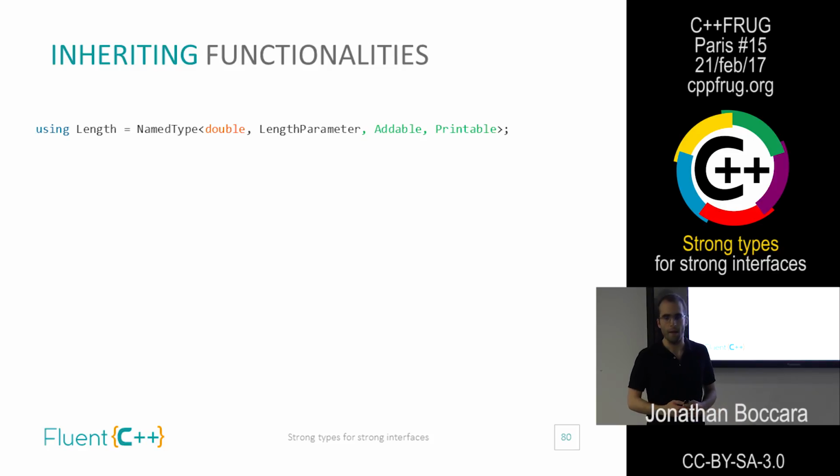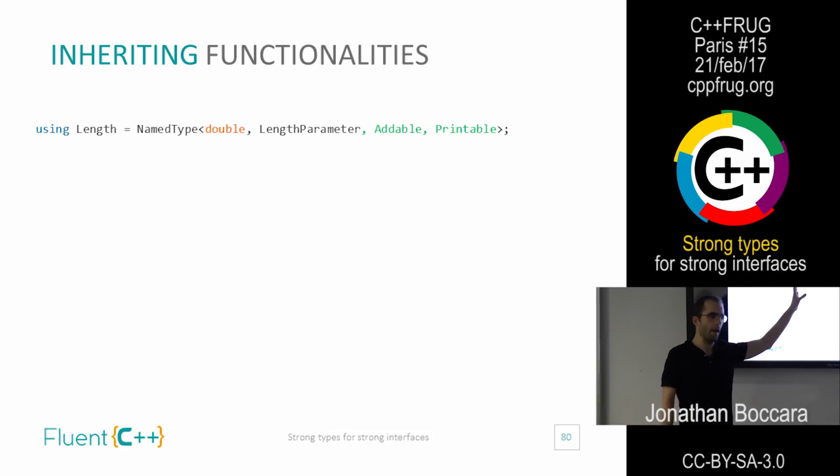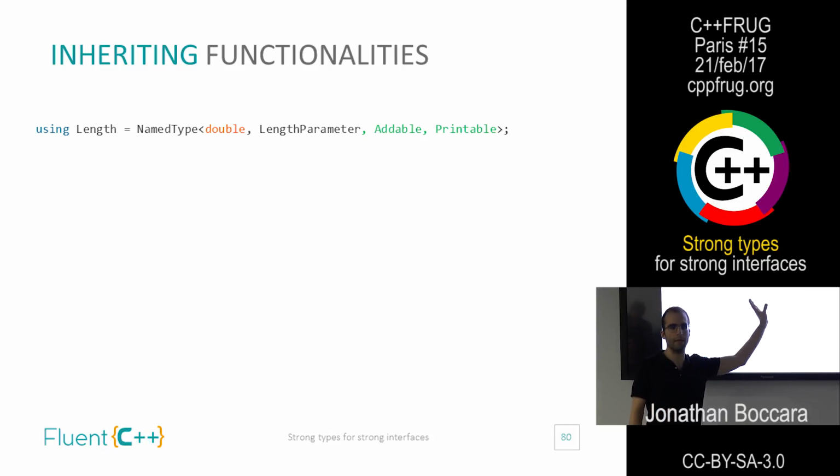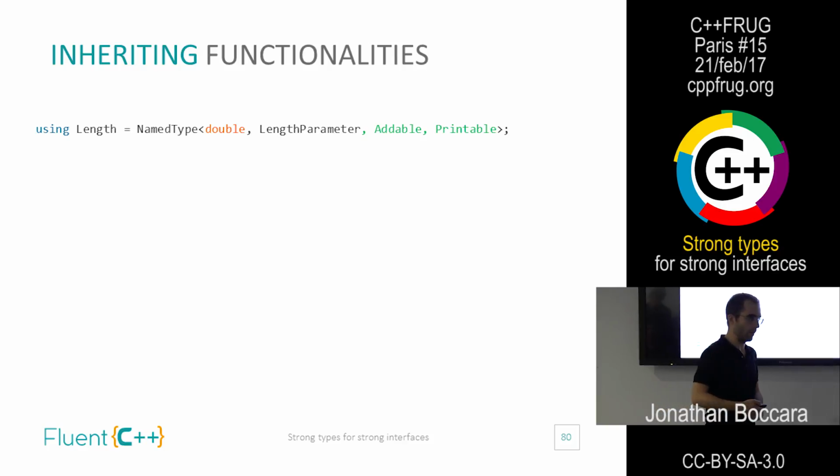Ideally, I think, we want to get to that syntax, which is saying that a length, for example, is just a double, but with a tag, because I have to. And then I can say what a length can do that a double can do. And what's not here, like being multiplicable, for example, the length won't be able to do. That's really what I want.